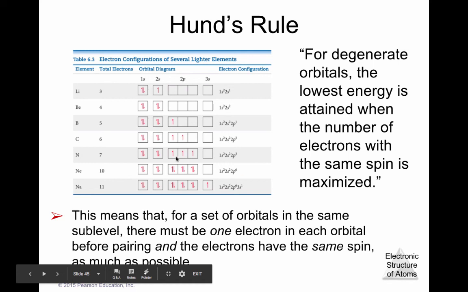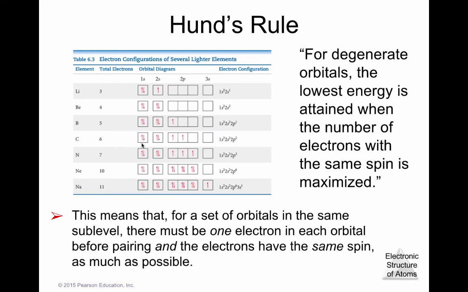So for example, if we look at carbon here, we would fill this orbital first, this is the 1s, then we would fill the 2s, and then with our remaining electrons, before we paired them up, we would spread them out over the 2p. They wouldn't sit next to each other. They would want to move as far apart as possible, and that's to minimize the amount of repulsion that they feel.